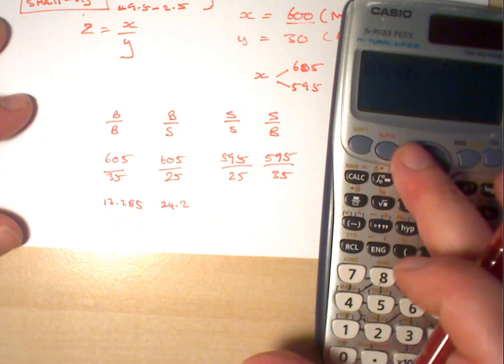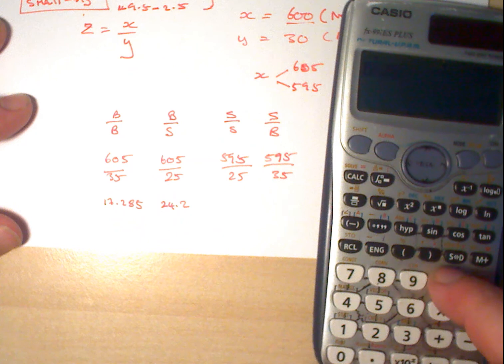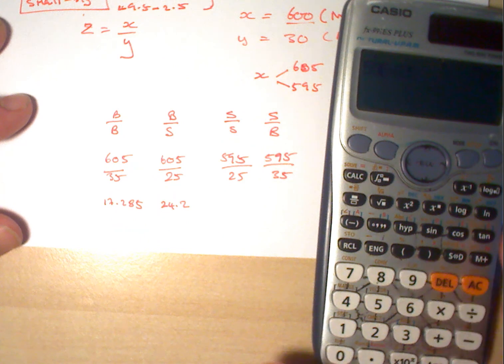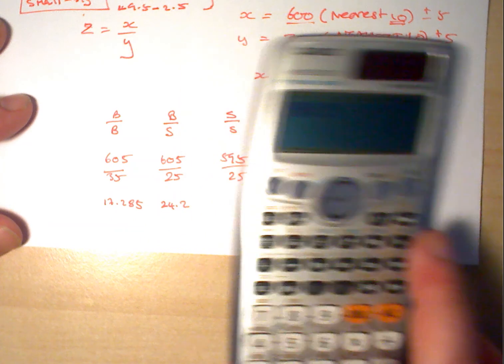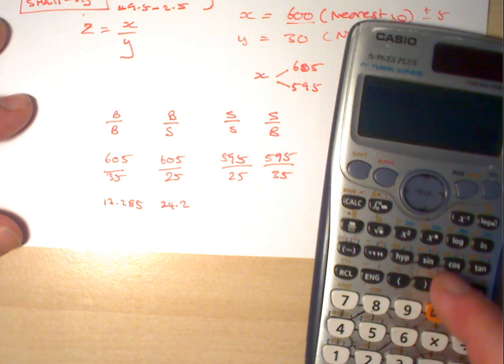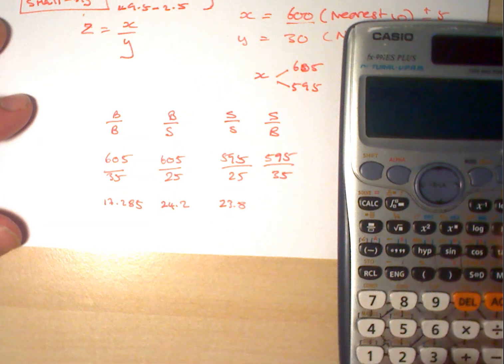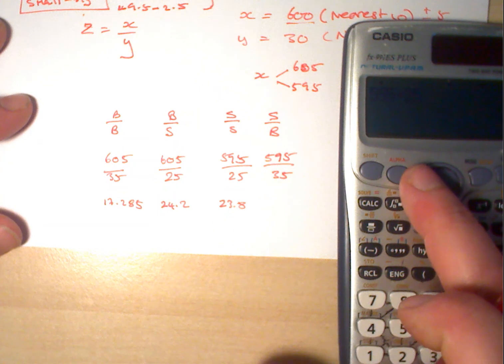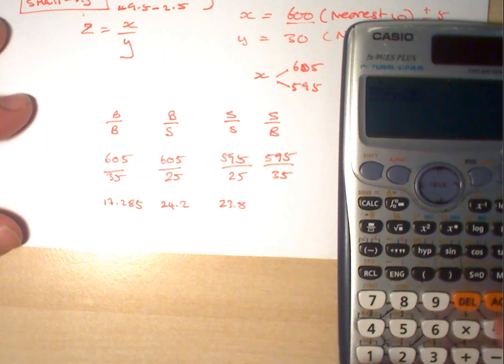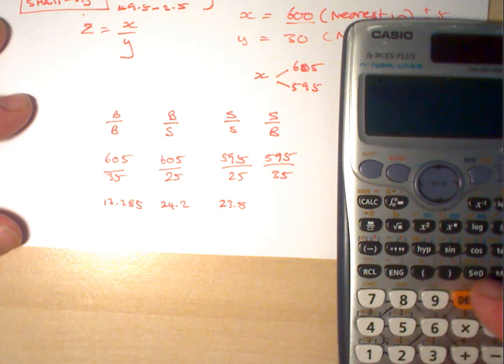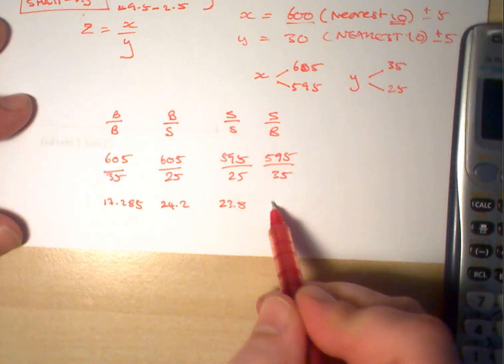Then I've got 595 divided by 25, that is 23.8. And finally, I've got 595 divided by 35, that gives me 17.